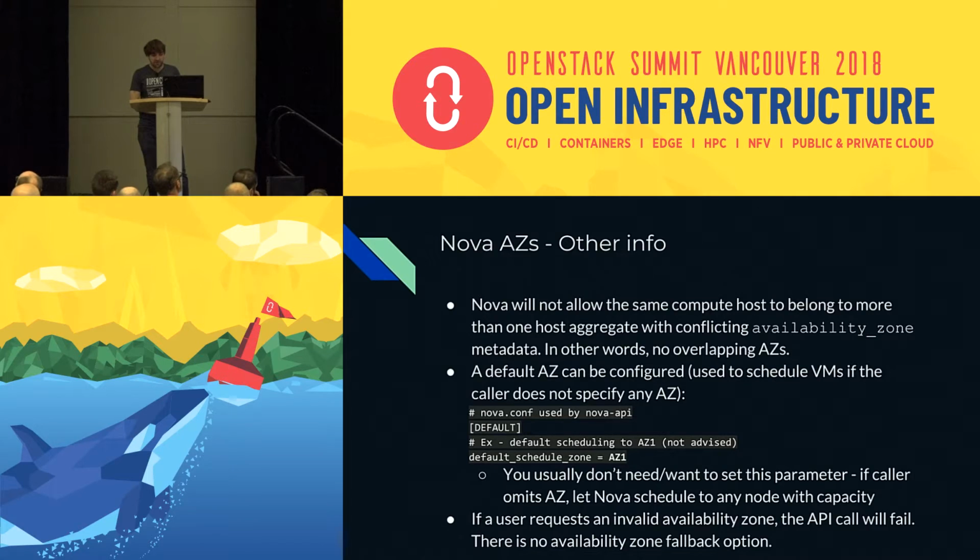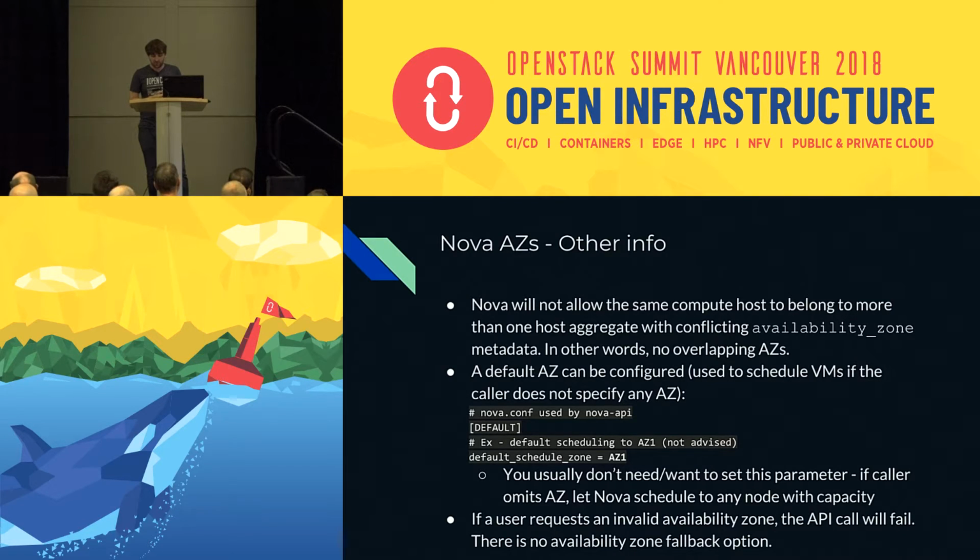A few other corner cases to be aware of. Nova will raise a 409 conflict if you try to assign the same compute host to more than one AZ. And that's part of the reason why we can't have overlapping failure domains mentioned previously. Also, you can configure a default AZ for scheduling if the user hasn't given one.